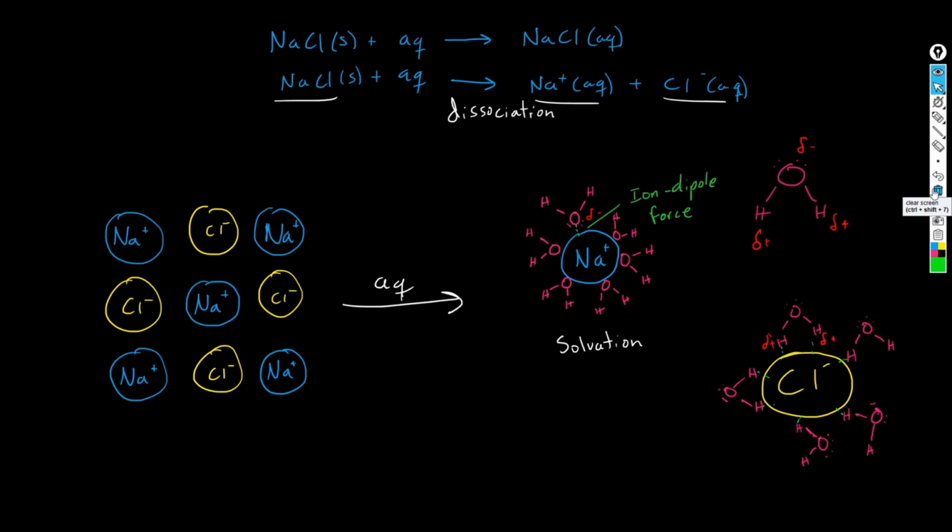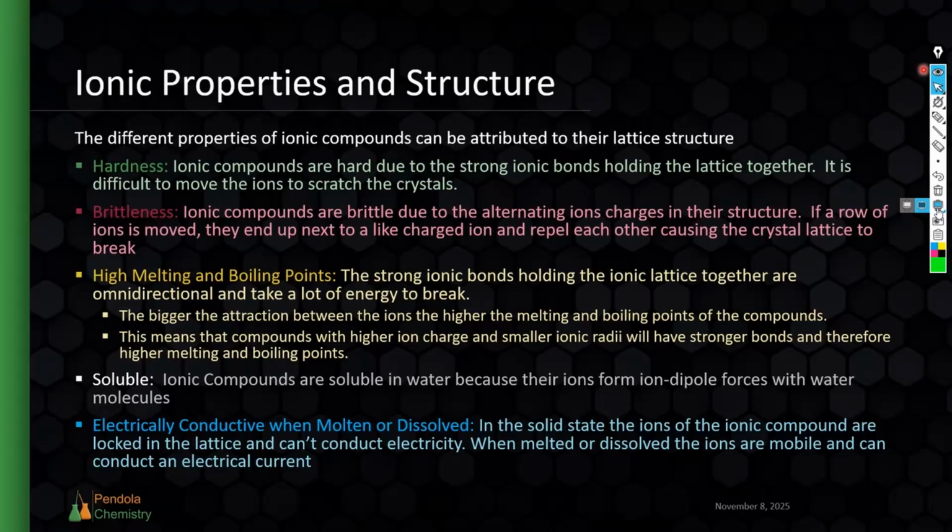Now, going back to what we were doing, this is how we explain that most ionic compounds are soluble in water, due to the ion dipole forces and the process of solvation. Finally, ionic compounds are electrically conductive when molten or dissolved.